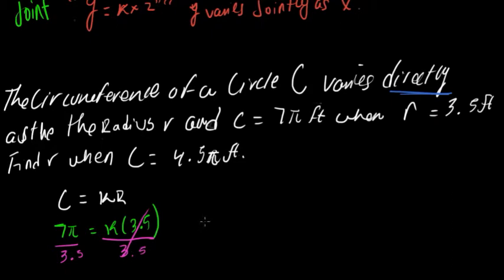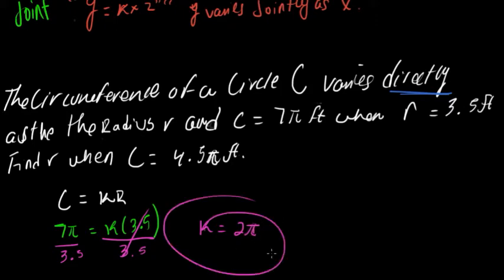Then those will cancel and leave me with k is equal to 7 pi divided by 3.5, which will be k is equal to 2 pi. Now that we have this, our variation function is going to be C is equal to, all you have to do is substitute what we've found for k, which will be C is equal to 2 pi times R.